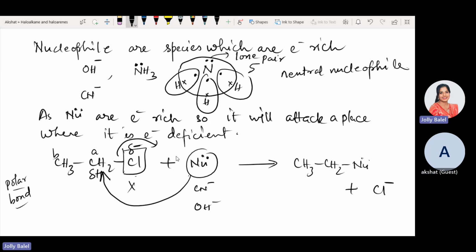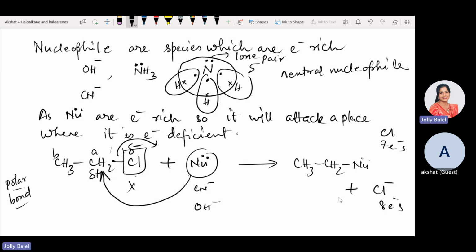Why is the halogen atom being replaced? Because if it gets this electron and goes away, it gets a stable configuration. Cl has 7 electrons, and Cl minus has 8 electrons. So which one is more stable? Cl minus.